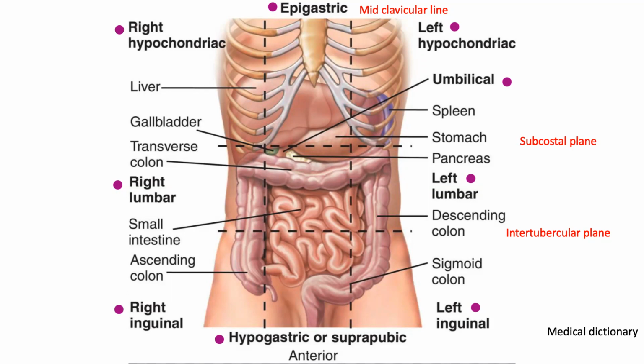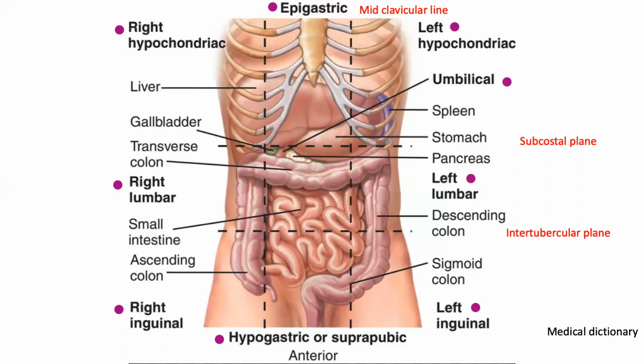One runs just below the costal margin, which is called the subcostal plane, and another touches the right and left iliac crest tubercles, the intertubercular line. By running these 4 imaginary lines, we divide the anterior abdominal wall into 9 regions.